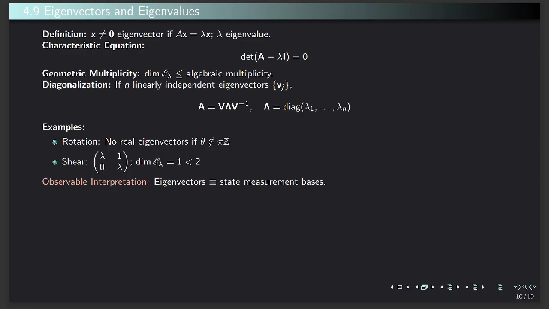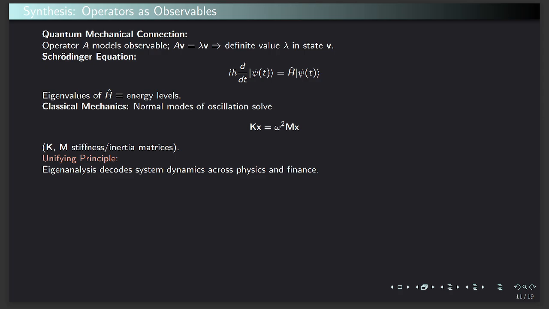In this case, the operator's matrix can be transformed into a diagonal matrix whose entries are the eigenvalues, in this diagonal form, capital lambda, achieved by a change of basis to the eigenvectors captured in the matrix V. Not all operators are diagonalizable. A shear transformation, for example, has fewer independent eigenvectors than the dimension of the space, indicating a more complex, non-decomposable dynamic.